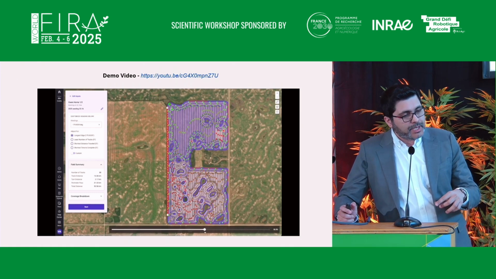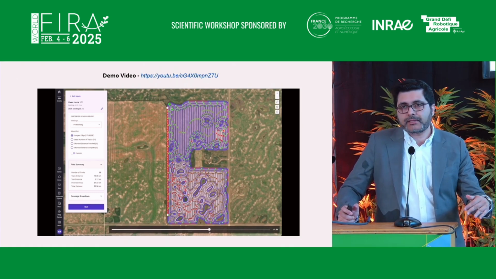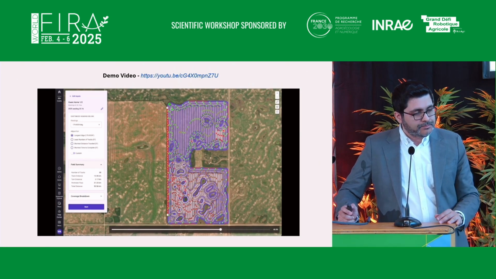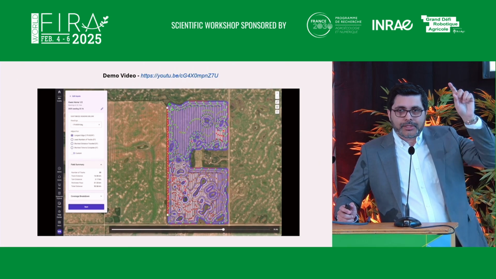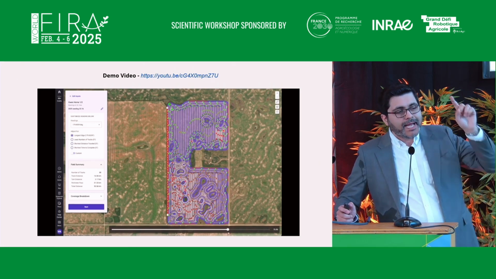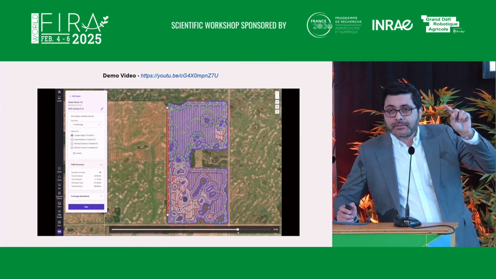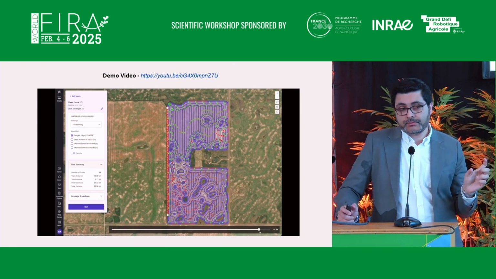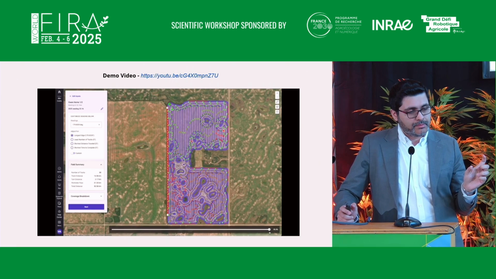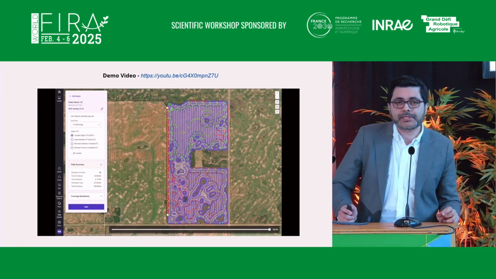Or it tries to avoid passing through an area that it has already serviced. That's the idea. Okay, so it leaves a few tracks on the top because it needs to get back to the end point. So if you change the start and end point, this routing will change. So here we go. Now the route is complete.